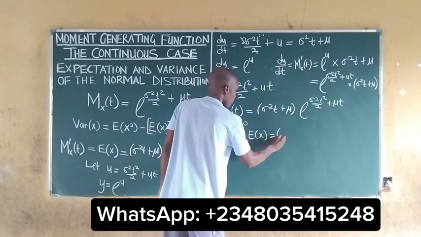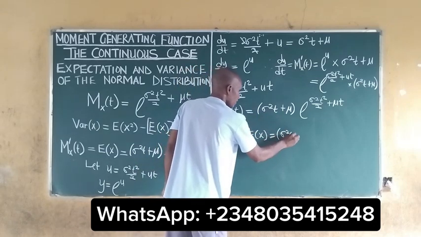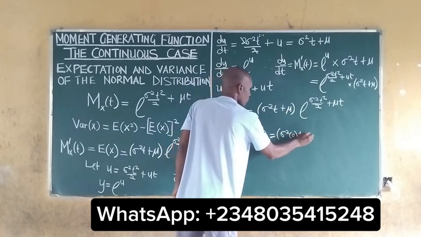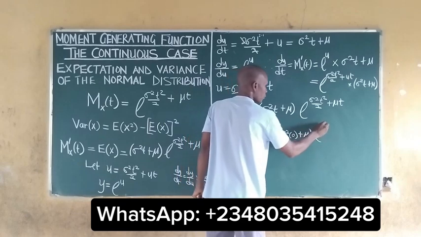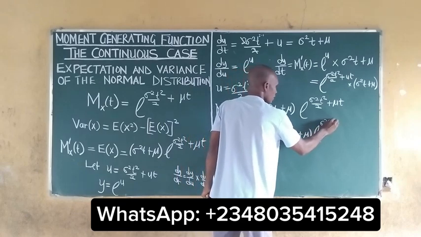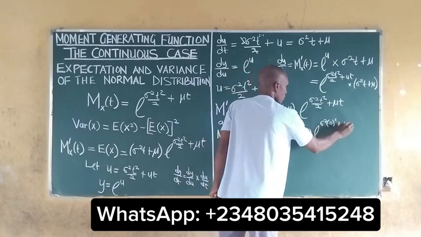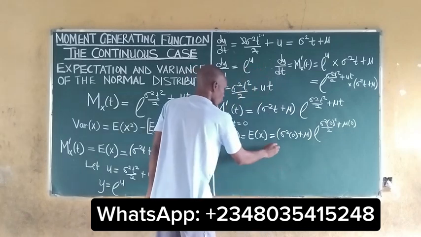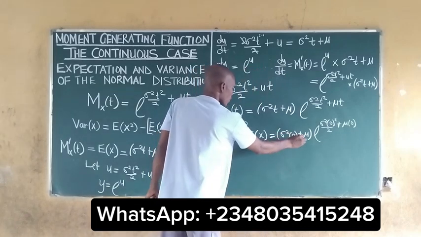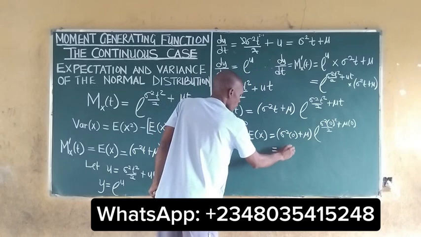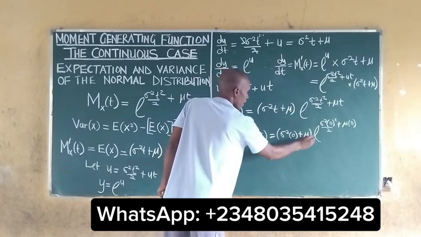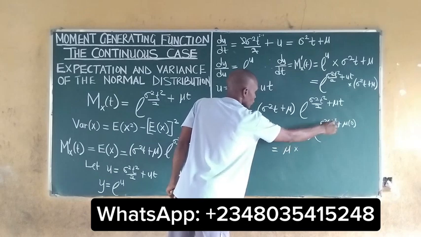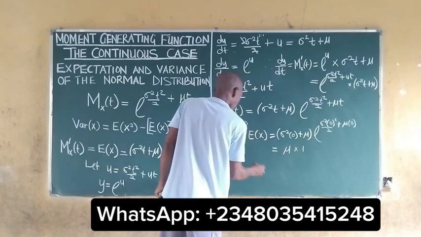We have sigma squared times 0 plus mu, multiplied by exponential of sigma squared times 0 squared all over 2 plus mu times 0. The whole of this gives us mu multiplied by 1, since the exponent is 0.